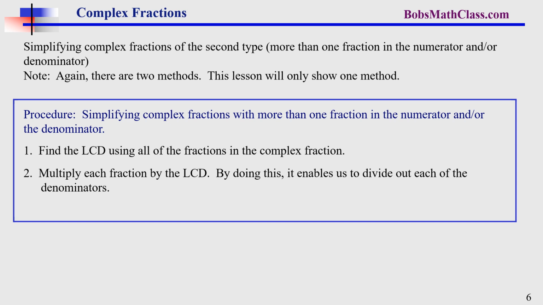By doing this, it enables us to divide out each of the denominators. So we're going to multiply each term by the LCD, and that's going to wipe out the fractions. We're still going to have a fraction overall, but it won't be a complex fraction. Okay, so 2 steps. Let's do it.